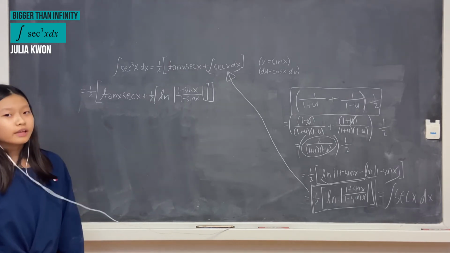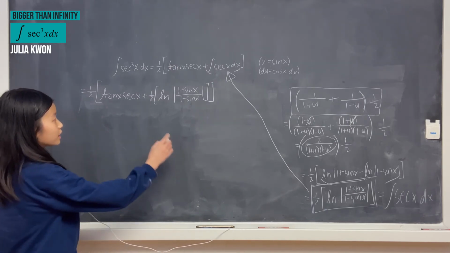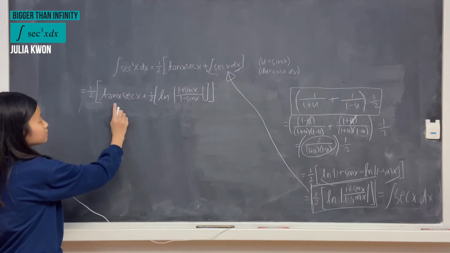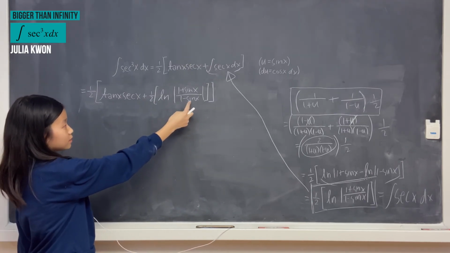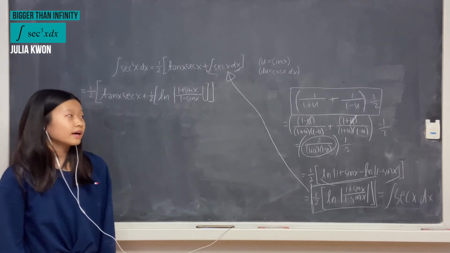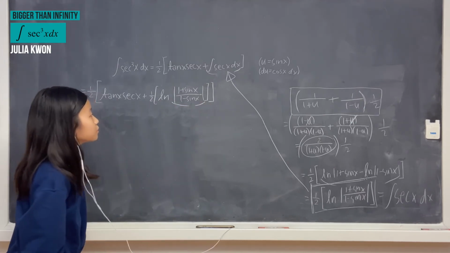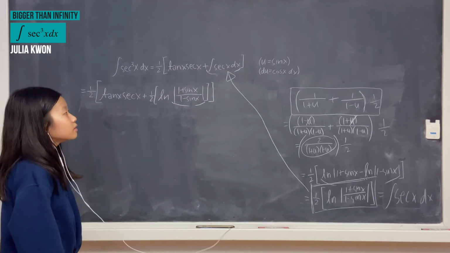But usually in textbooks, the answer is written with everything in terms of tangent x and secant x, and there's no sine x. And so I'll teach you guys how you can change this part so it will be in terms of tangent and secant x.